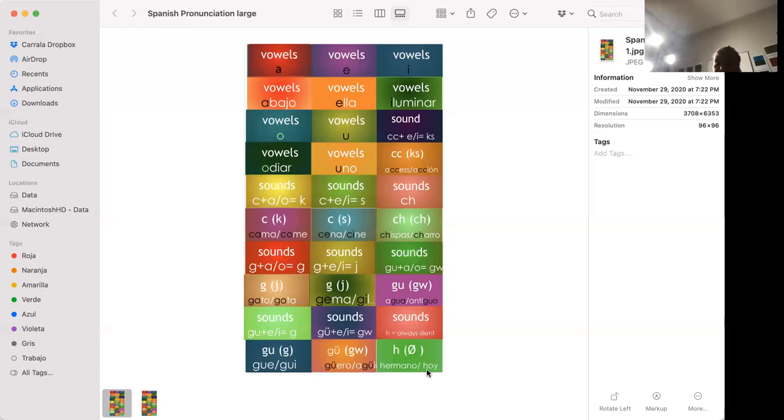The only purpose for the U is so that the G remains hard. So it's gue, gui. There's a rule. And once there are new rules, it gets on your nerves to memorize. But once you're able to get your mind around the rule, it's okay.